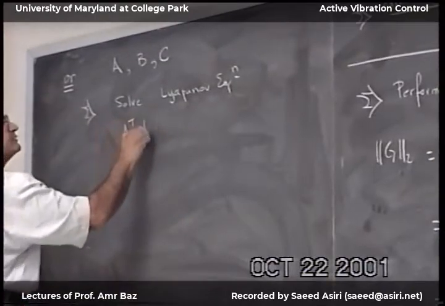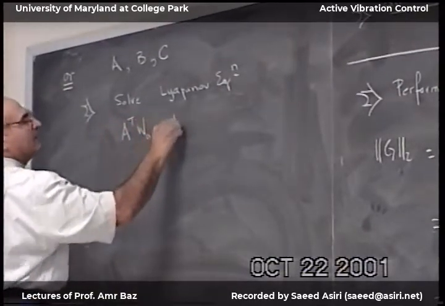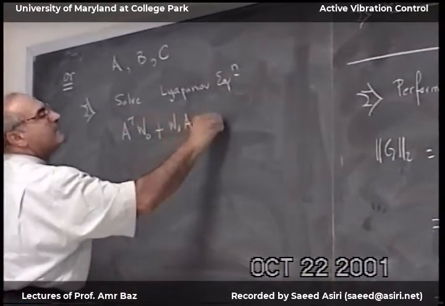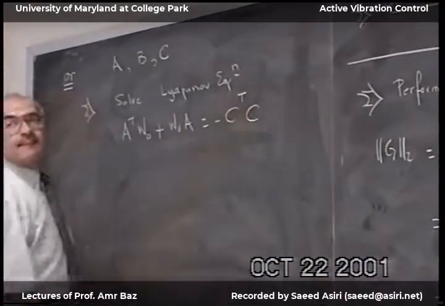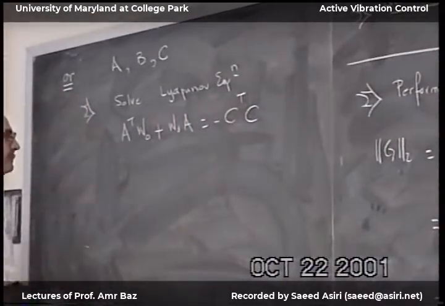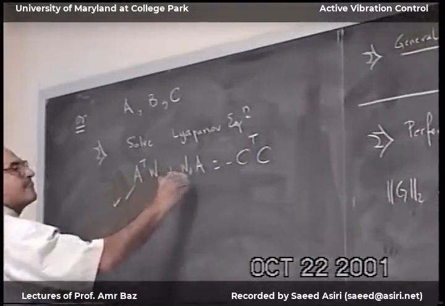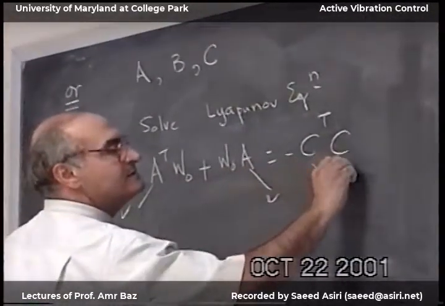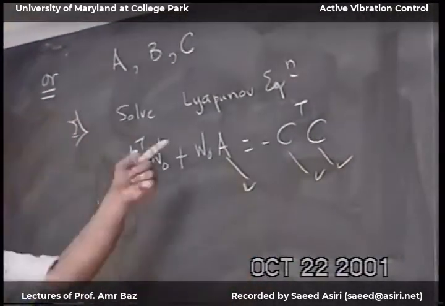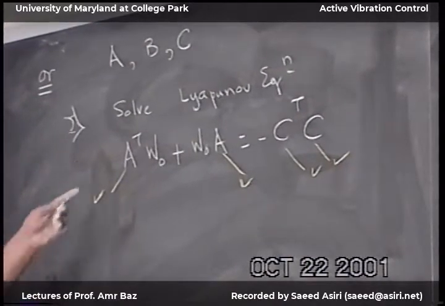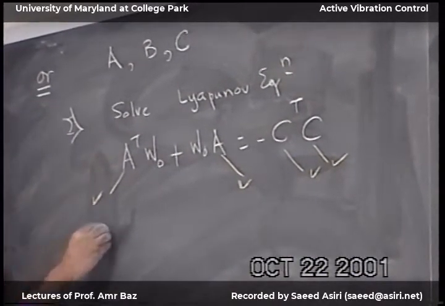A transpose W0, plus W0 A equals minus C transpose C. We have the A, we have the C, then I use MATLAB command to solve for W0.